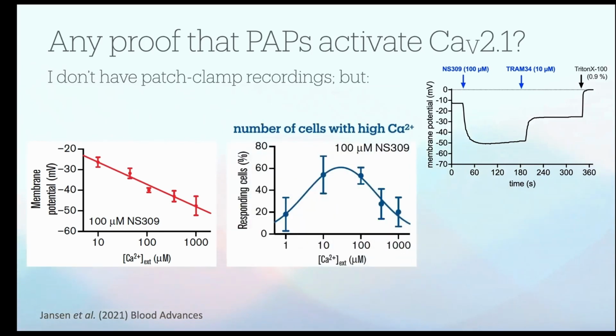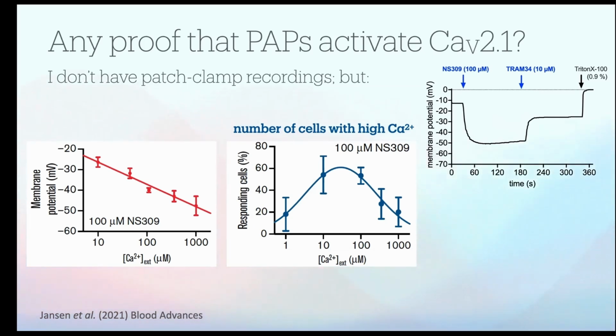What is presented here is the percentage of cells with a high calcium. And this is anything but a linear relationship, but with having this CAF 2.1 and the Gardos channel activity in the background, it makes a lot of sense.